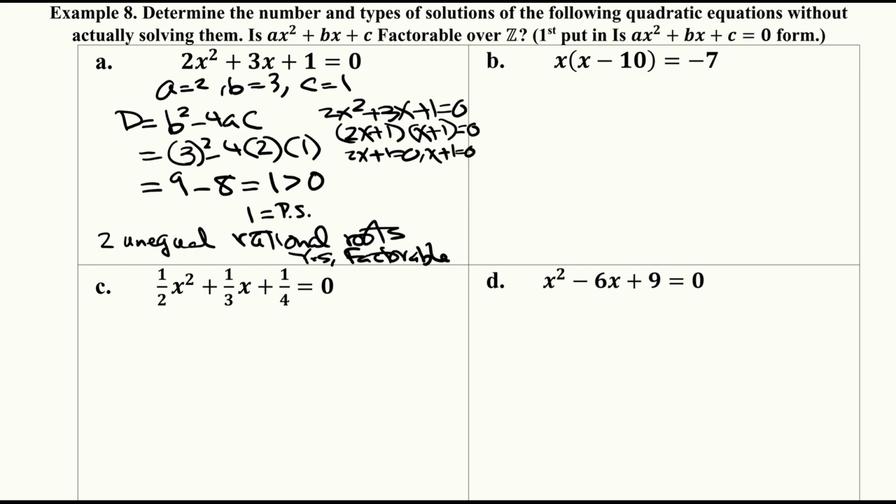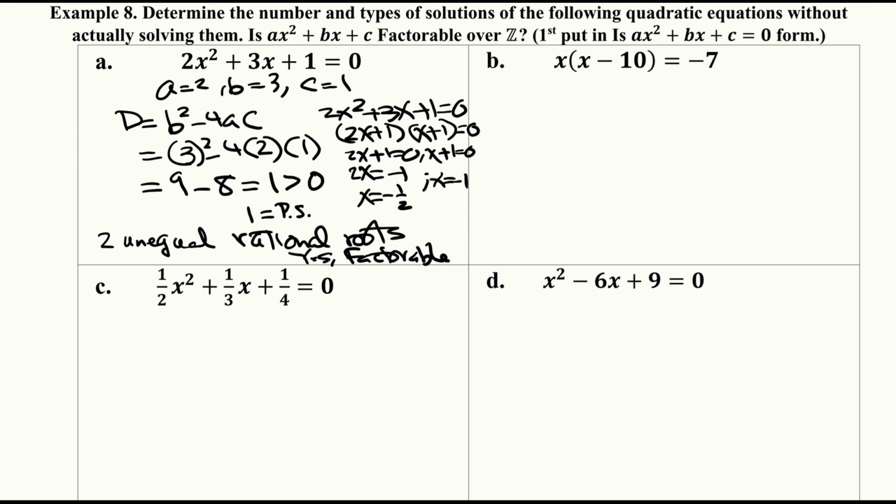I'm just demonstrating. Do not do this if you're asked to solve this, but I just wanted you to see this and gain some confidence in the method. So you get two solutions, -1/2 and -1. And of course, they are two unequal, and both of those are rational numbers. All right, so that's how we do that.